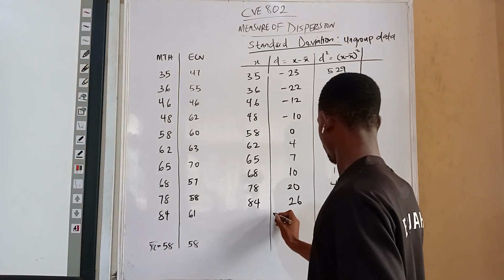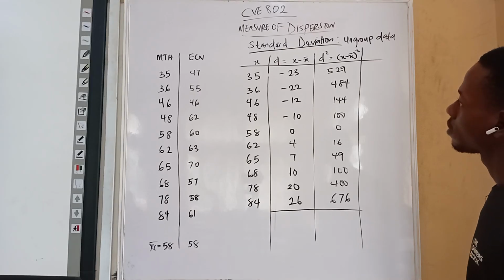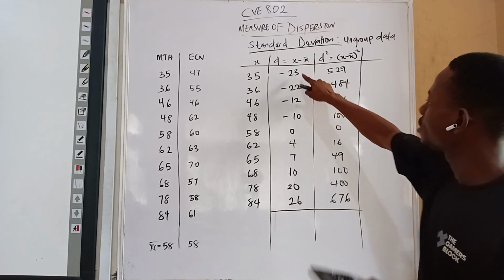Our d equals x minus x bar, and d squared is the square of this.